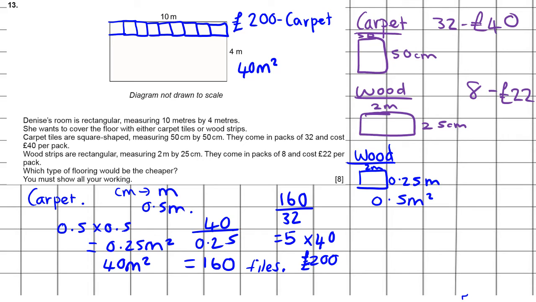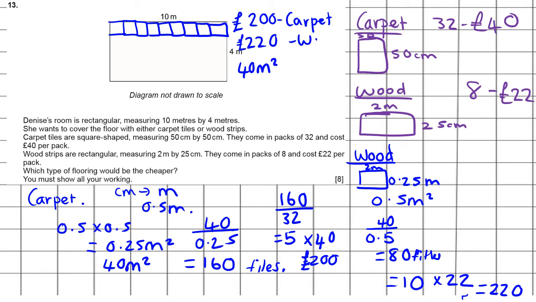So 40 divided by 0.5 gives us 80 wood tiles. They come in packs of 8, and therefore we need 10 packs, and they cost £22 each. So that would cost us £220 for wood. Therefore carpet is cheaper by £20.